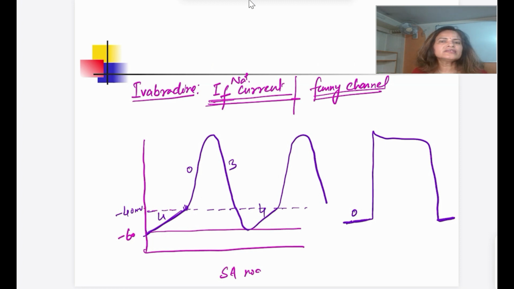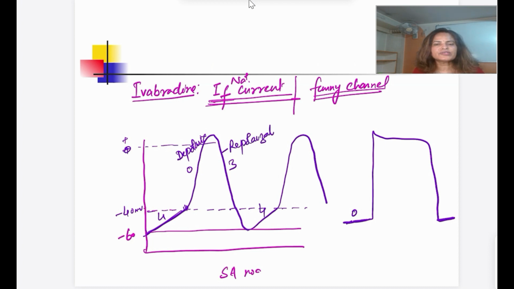Now how do the SA node cells have this property? Why do they have this property? This already I have told, this is a depolarization. If you remember the previous one, while telling you about Nicorandil, this is a depolarization, and this is a repolarization.